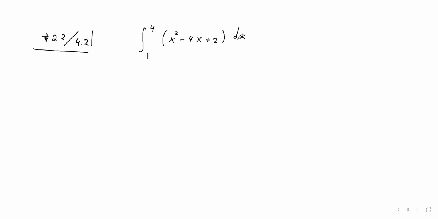I don't like to graph things by hand a lot. So I have a function f of x equals x squared minus 4x plus 2. And I'm going to use Desmos to get me the graph of this particular function.